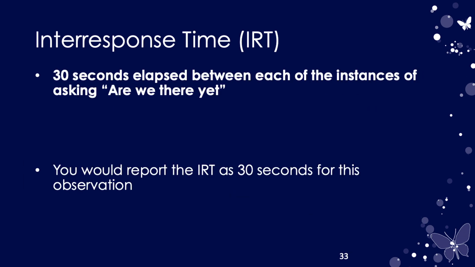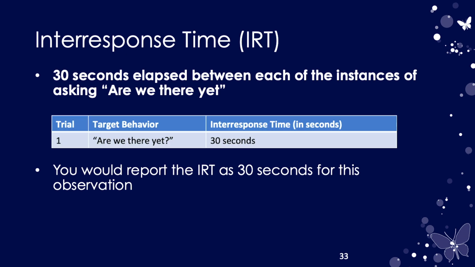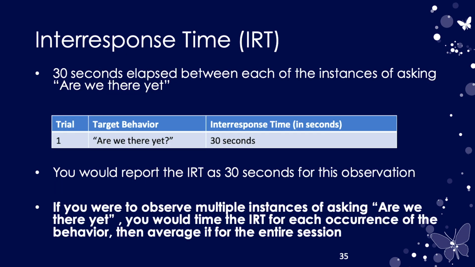You would report your IRT to look something like this. However, if you were to observe multiple instances of asking, "Are we there yet?" you would time the IRT for each occurrence of the behavior, then average it for the entire session.